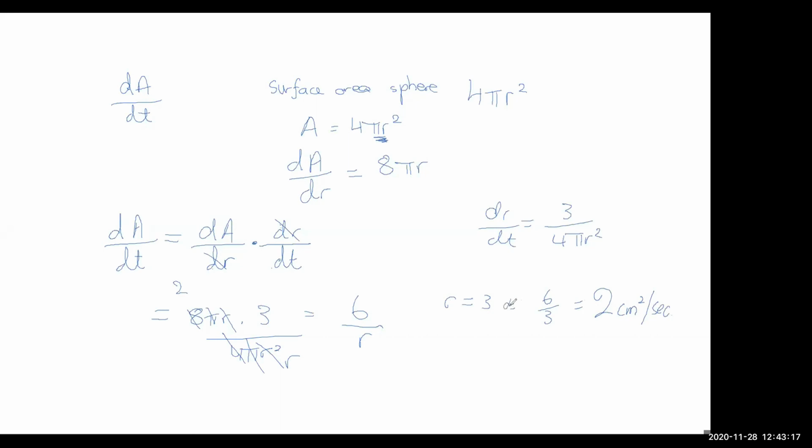Okay. So what's important here is that this is where people get confused: when you know what you want, how to make up what combination of derivatives would give you it.